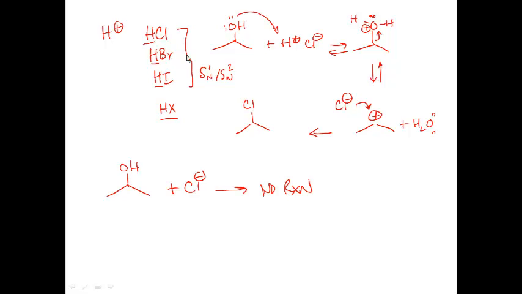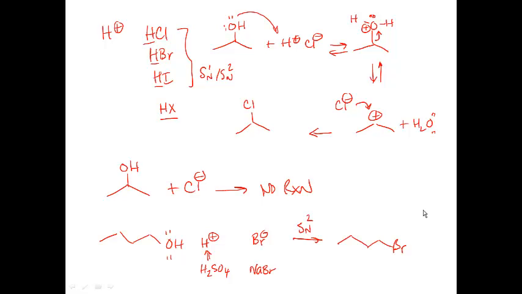You might say, well, that sounds awfully familiar. And the reason it sounds awfully familiar is because last week, or whenever you were in lab, you took sulfuric acid, which was a source of H plus, and you reacted that with 1-butanol along with sodium bromide, which was a source of Br minus, and you did an SN2 mechanism to form 1-bromobutane.